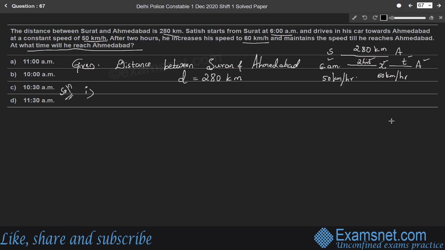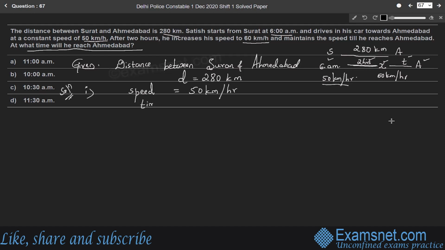So in the first part, Satish drives with the speed of 50 kilometers per hour, and the time taken by him is 2 hours.